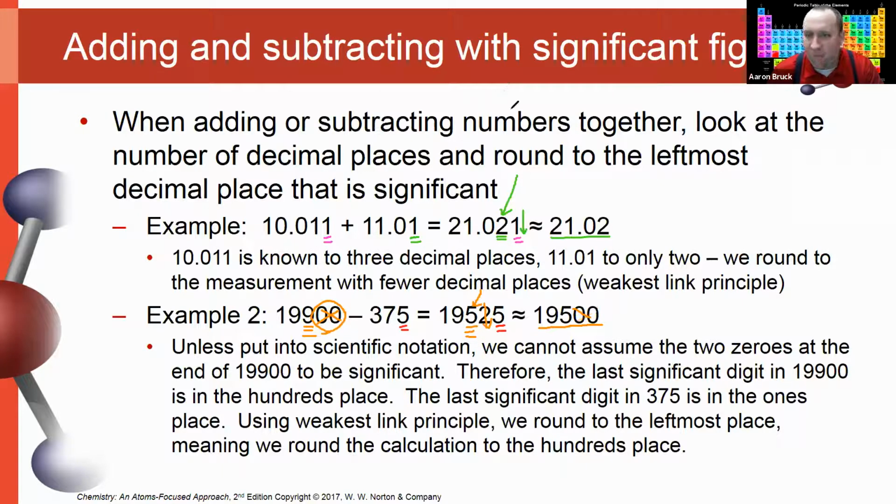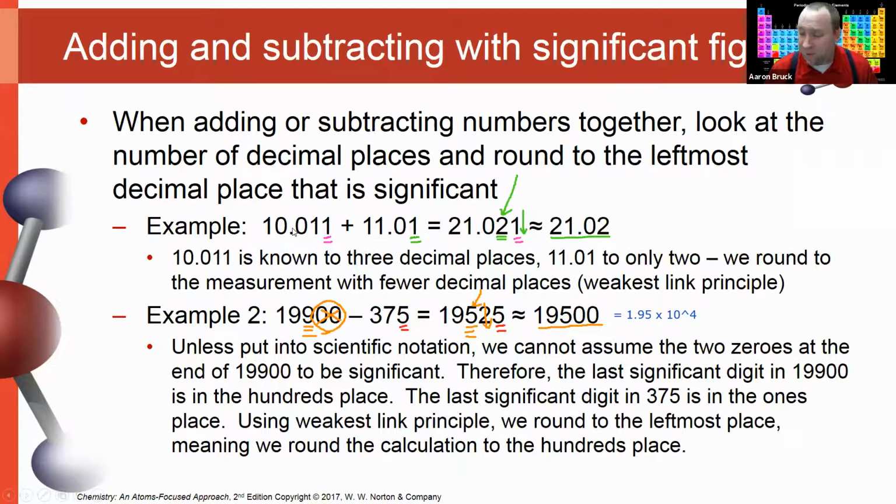That's not what happens. If we want to avoid ambiguity, the best thing that we should do here is convert that into scientific notation so that there is no discussion, there is no issue there. 1.95 times 10 to the fourth would be the correct scientific notation. That way we can be certain there are only 3 significant figures there, as opposed to 4 or 5.